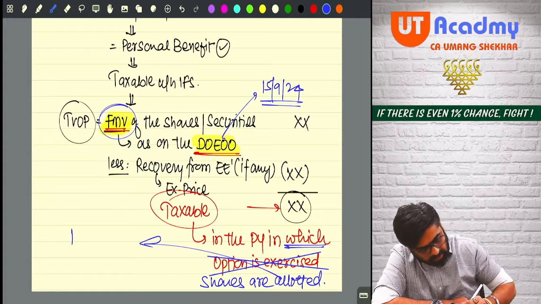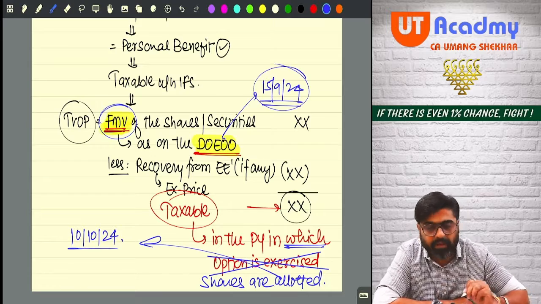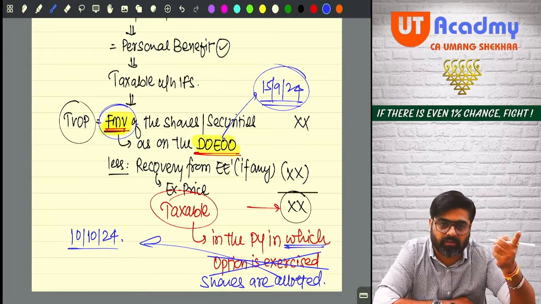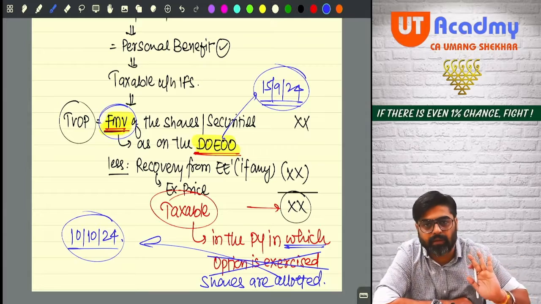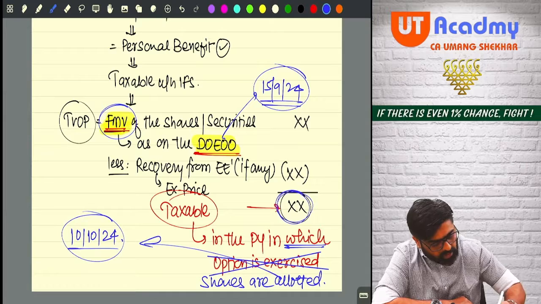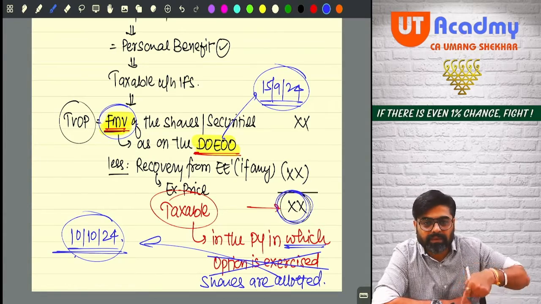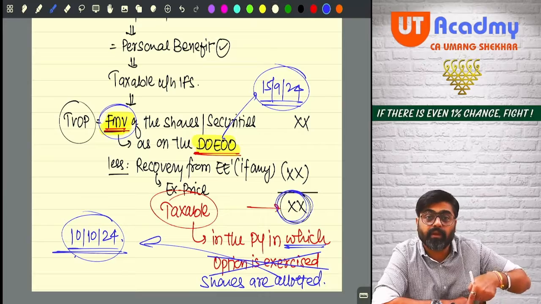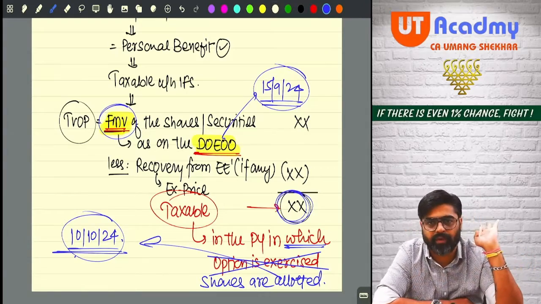The date of allotment was given as 10th of October 2024. So can I say the option is exercised in 24-25 and shares are also allotted in 24-25. So whatever value you calculate, right now, this value will be taxable based on this date. This date is coming in 24-25. So the taxable value will be taxed under the head salary in 24-25.